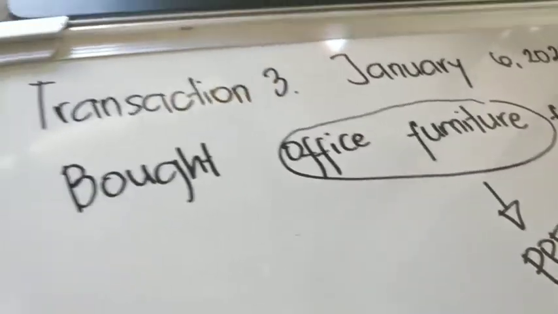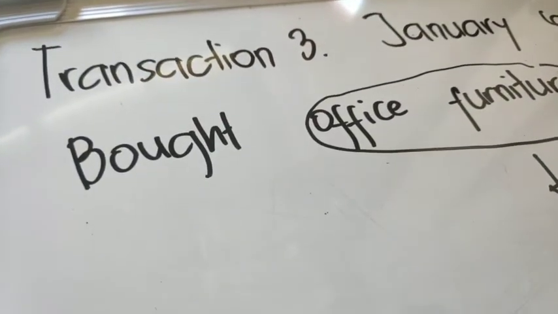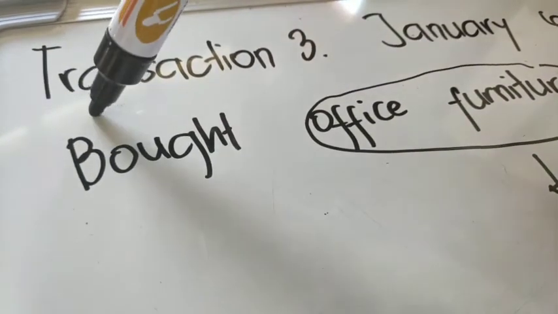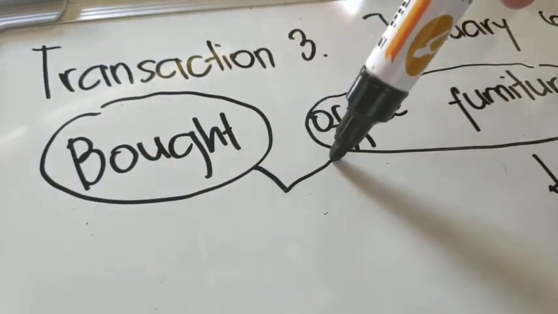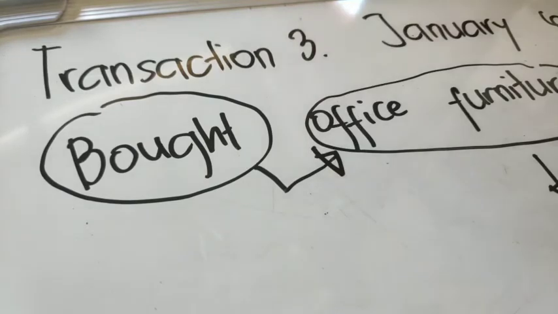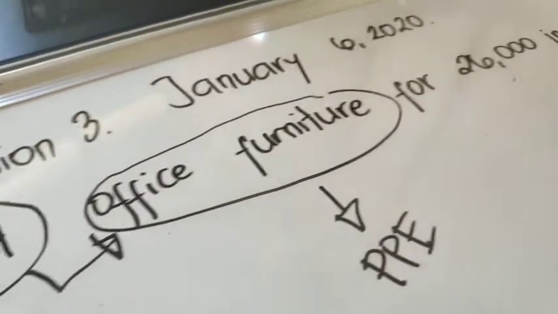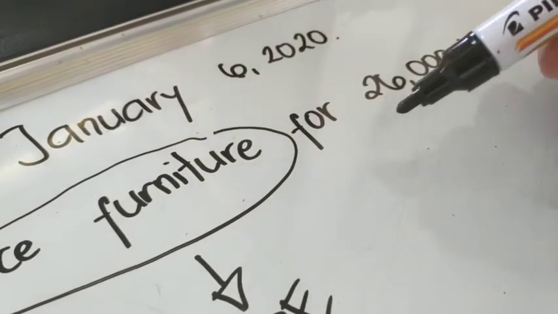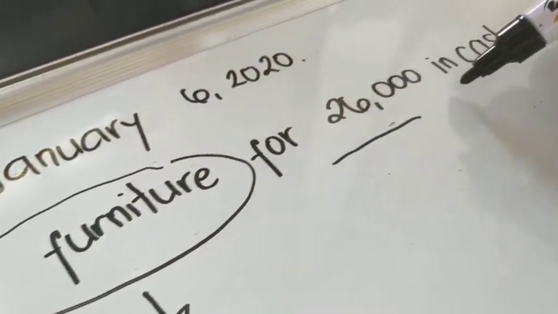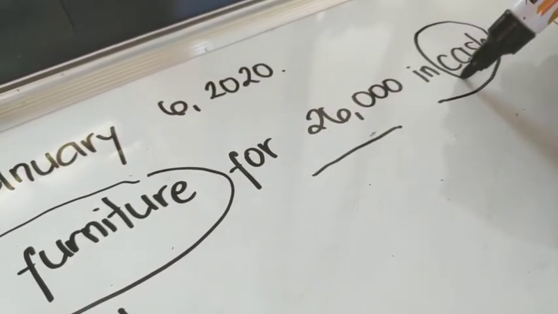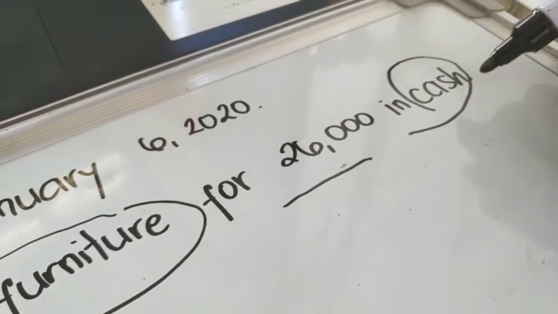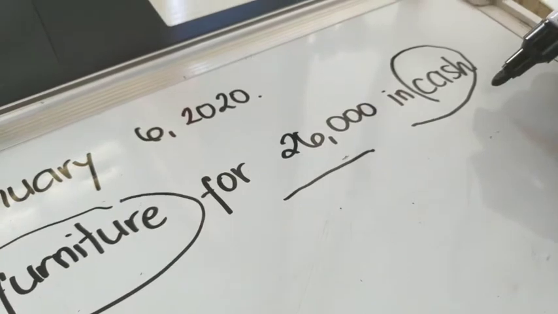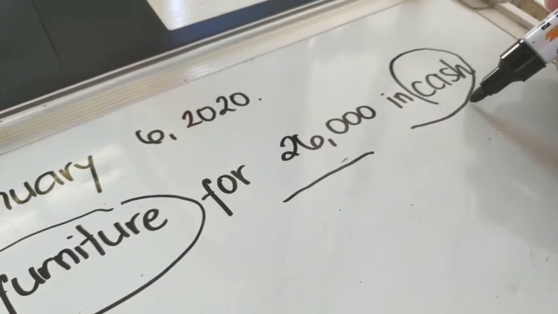For this transaction, the word bought means you buy something, and that something is your office furniture. In this problem, it states an amount of 26,000 in cash. So you already know that the first account that you will be using is cash.